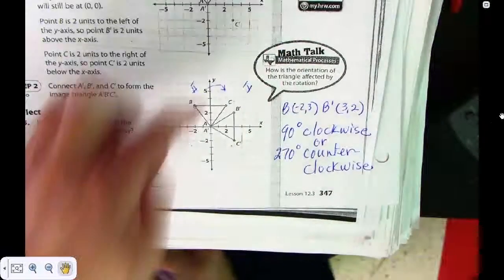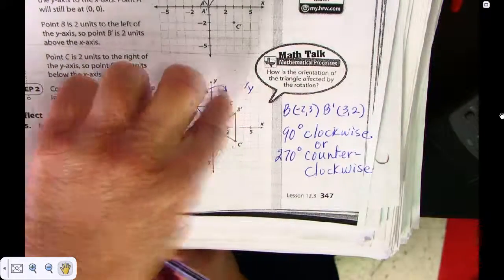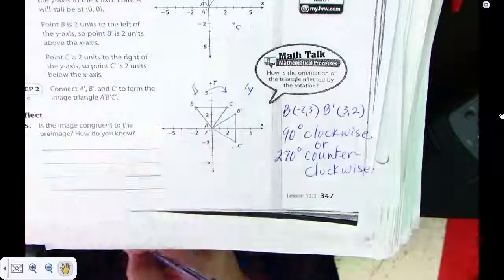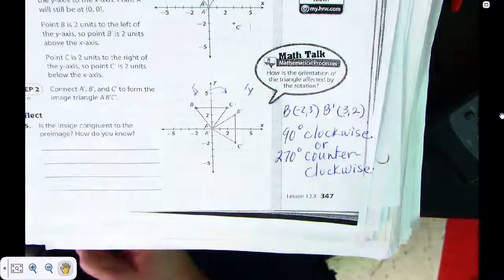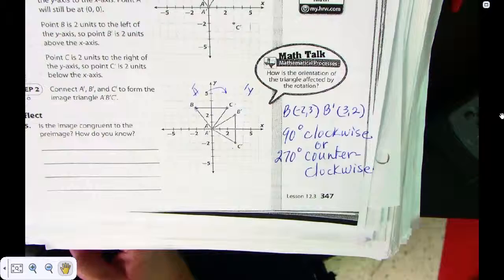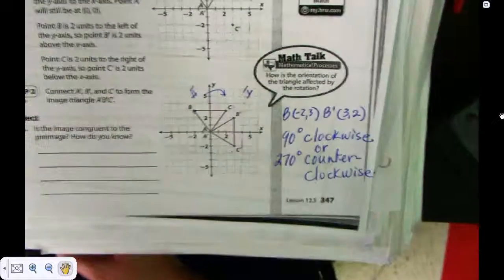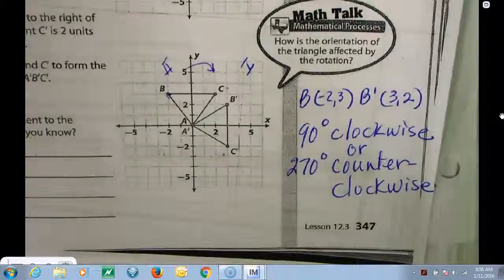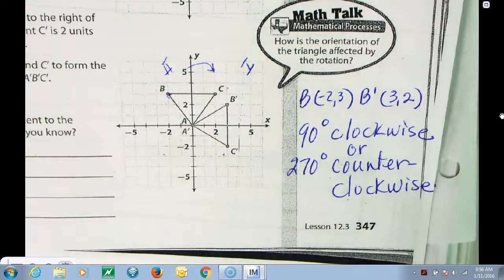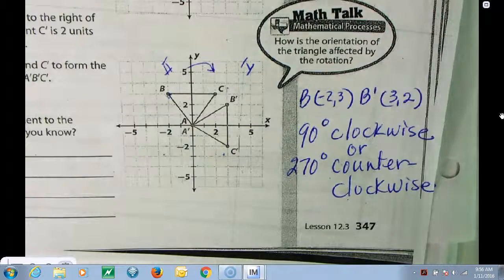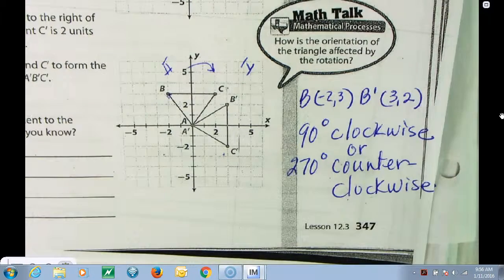It went 90 degrees clockwise, or it went 90 degrees counterclockwise. Does that make sense? Are you getting this?